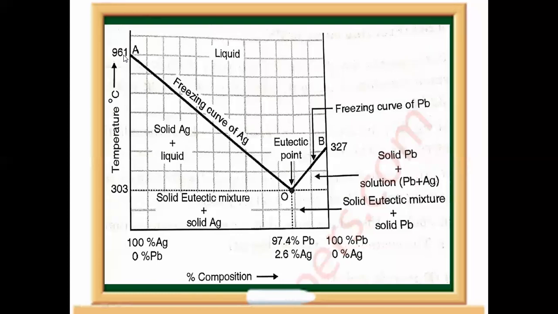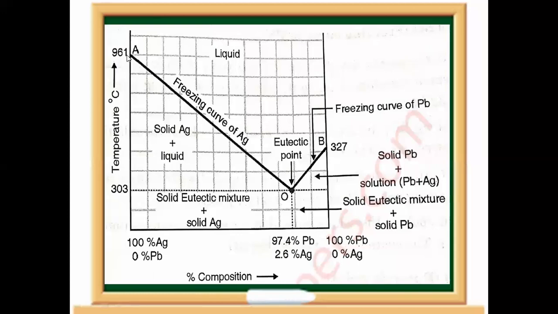The reason is that silver का melting point is 961 degree Celsius. वो मॉल्टन स्टेट में हम सिल्वर को लेंगे और उसके साथ में लेड को मिक्स अप करेंगे. ठीक है, समझ में आया? So we are going to add lead to the molten silver.